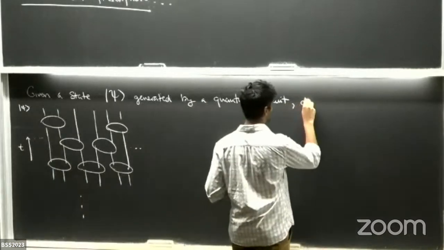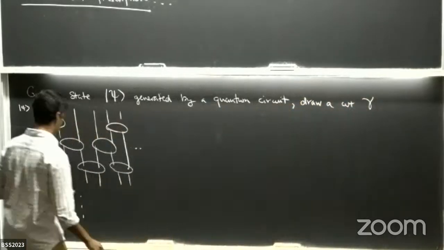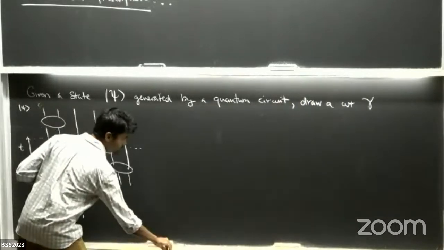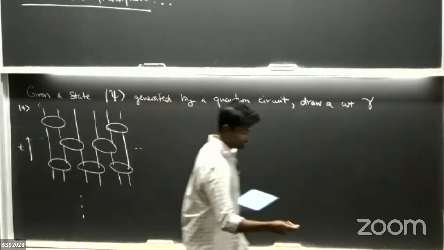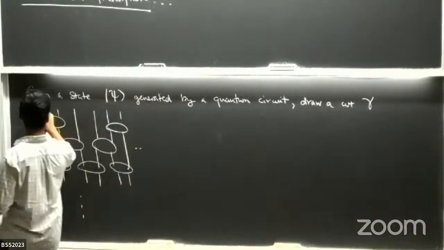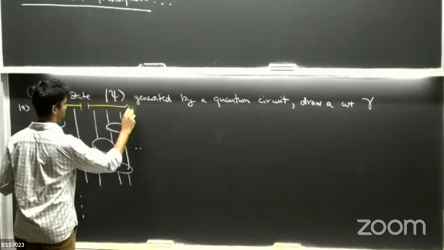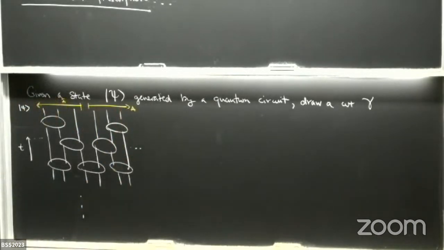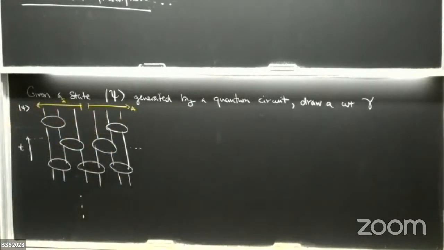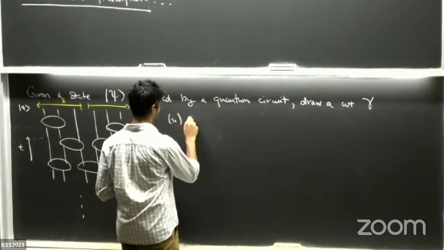We draw a cut, which I'll call gamma. And let's say I'm interested in, again, calculating the entanglement. So let's say this is my subsystem A bar, and this is my subsystem A, to the right of that cut. And let's say I want to calculate the von Neumann entropy or some entanglement entropy of A. So what I do is I draw a cut gamma, which does the following things.